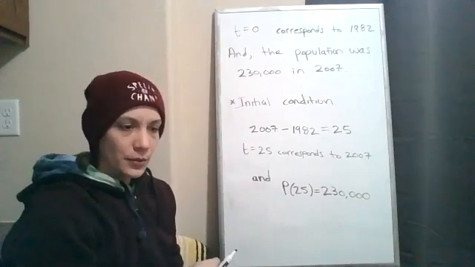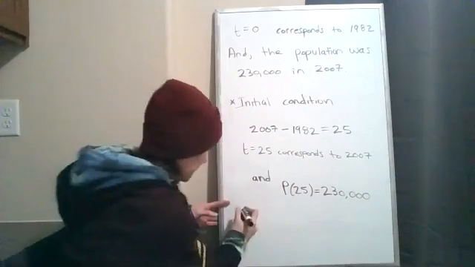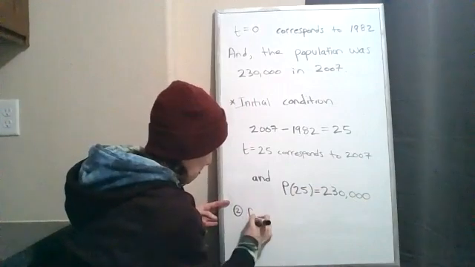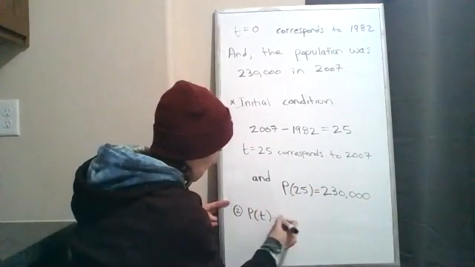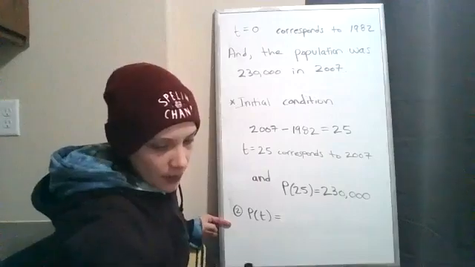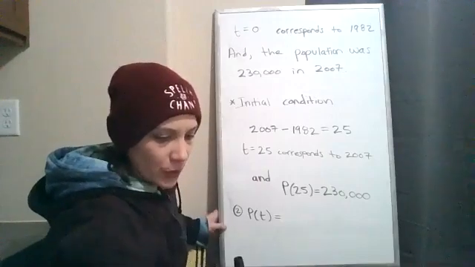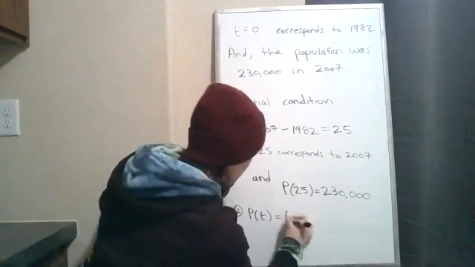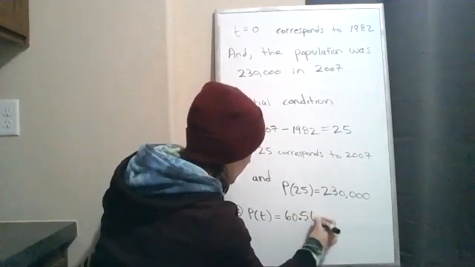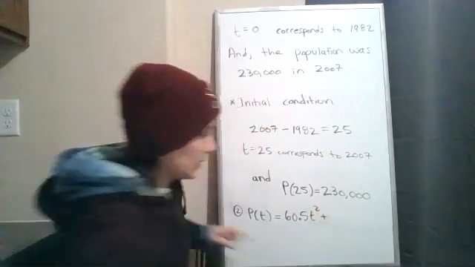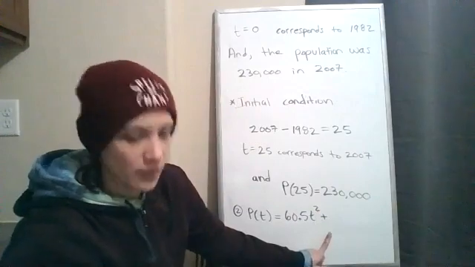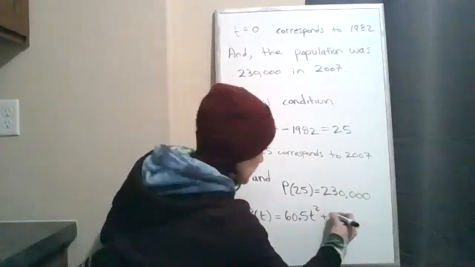Okay, back to solving for C. We have 60.5 t squared plus 2,750 t.